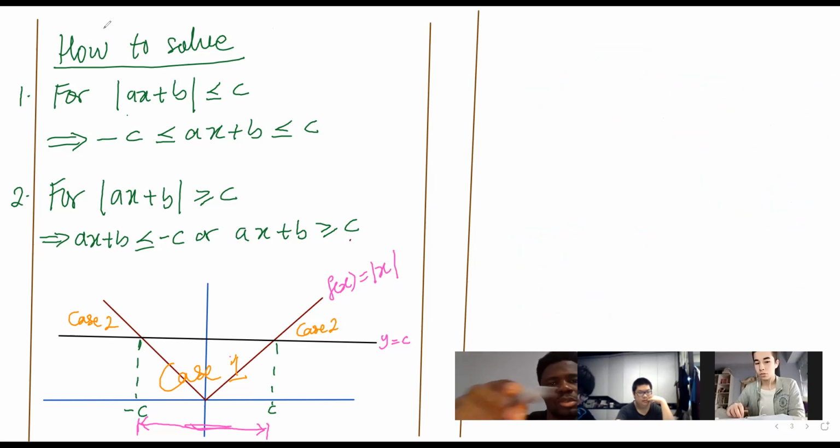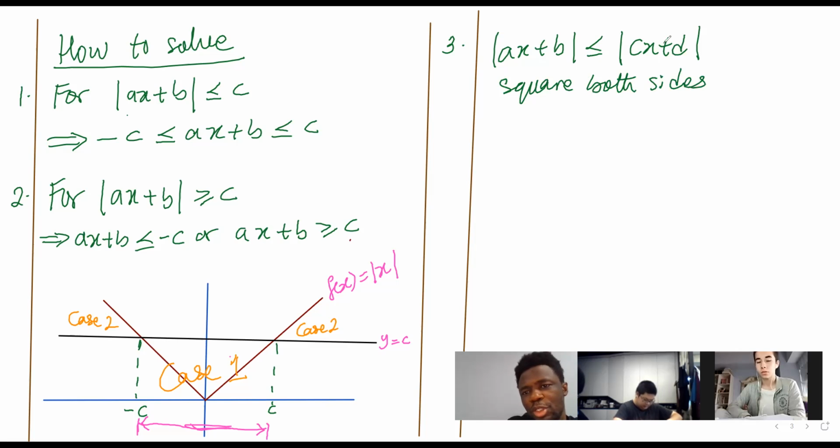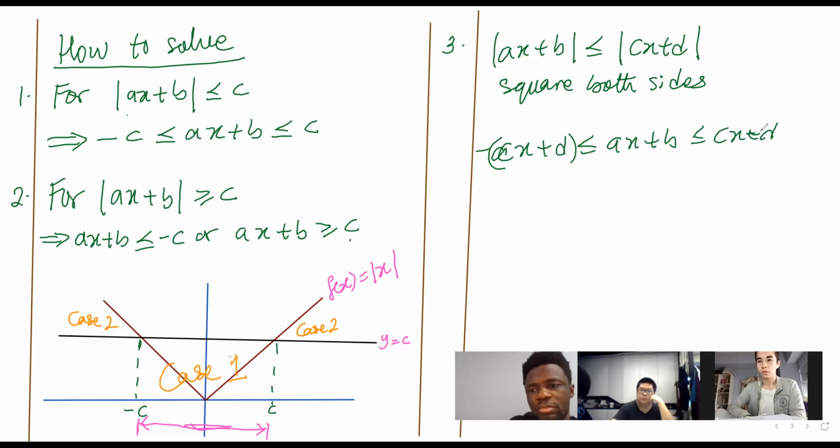I'll show you what we need to do. For the third one, if you now have absolute value on both sides, absolute value of ax plus b less than or equal to absolute value of cx plus d, just square both sides, it's easier. Avoid dealing with 4 cases, because you don't know if this is positive or negative. You don't want to do cx plus d less than or equal to ax plus b, minus, then less than or equal to cx plus d using case 1, because it's possible this is positive or negative.